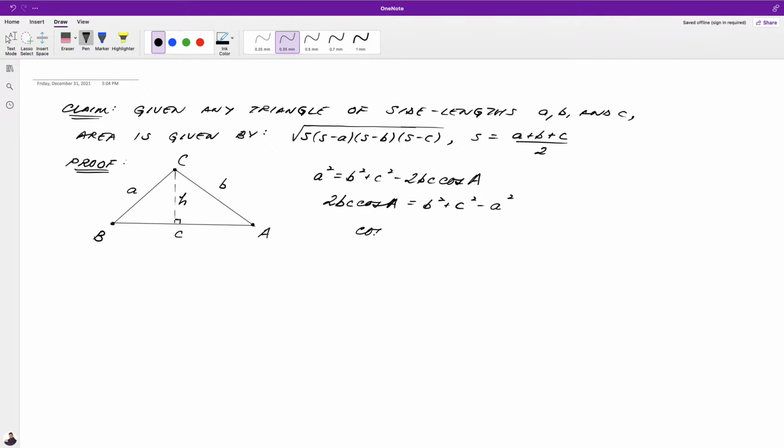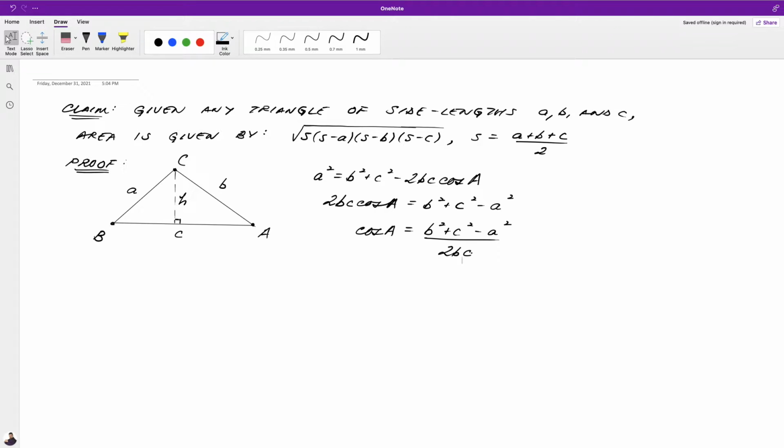And that's going to give me cosine big A is equal to little b squared plus little c squared minus a squared divided by 2bc. Okay? All right.